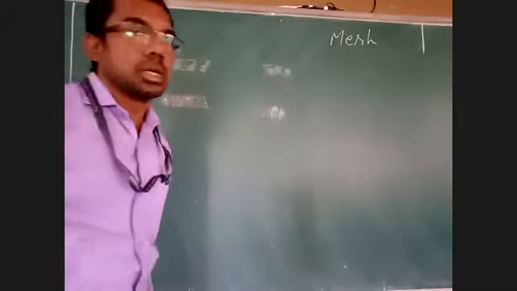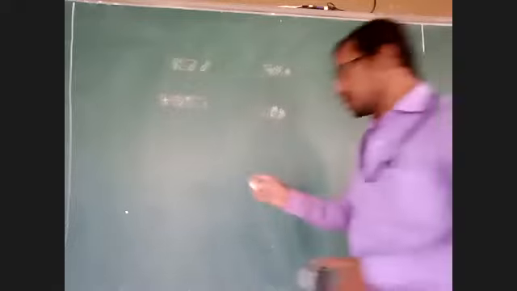We determined the loop currents. That means there is a closed path in the mesh. We have determined the currents I1 and I2 in the loops. Okay, loop currents we have determined.